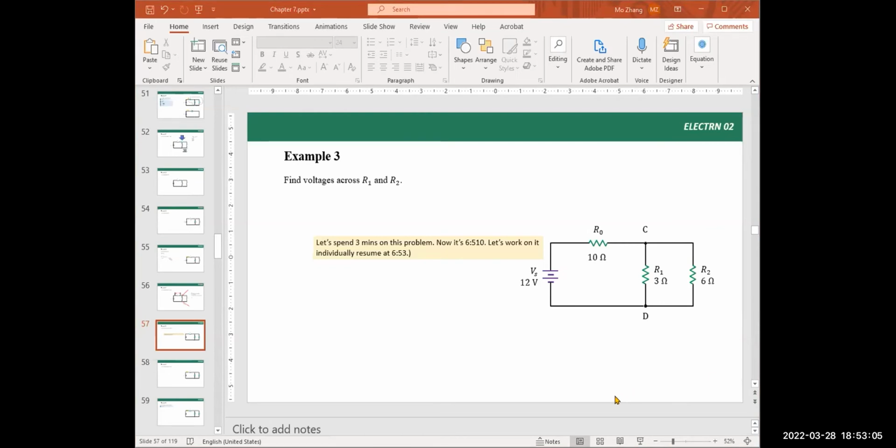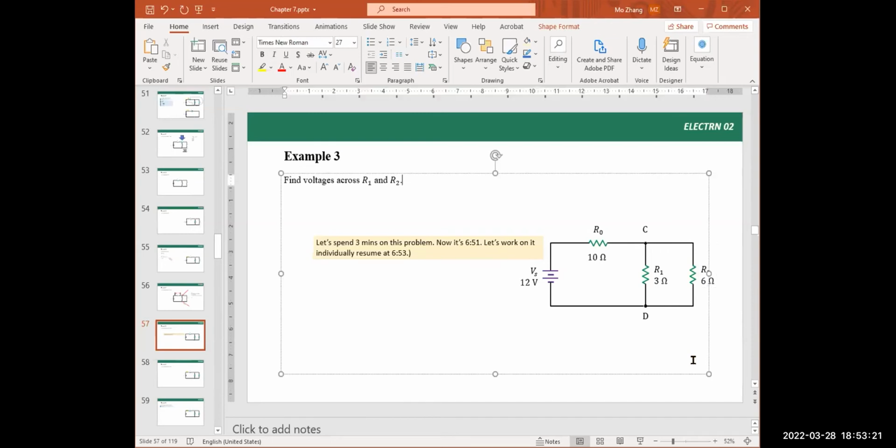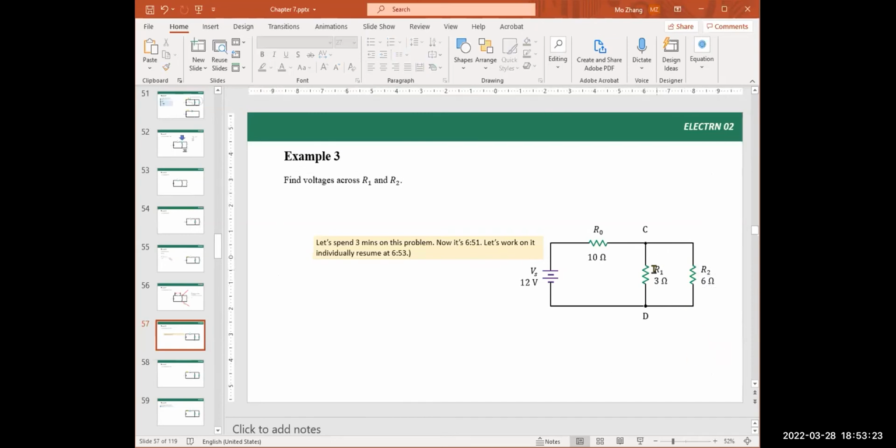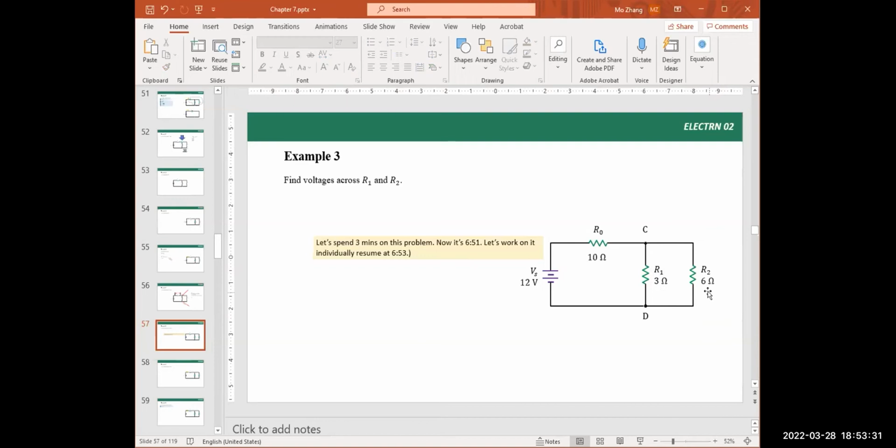Okay, it's 6:53. Anyone get the answer? What's the voltage drop on R1 and R2? In other words, how much voltage is across R1, how much voltage drops on R1 or R2.